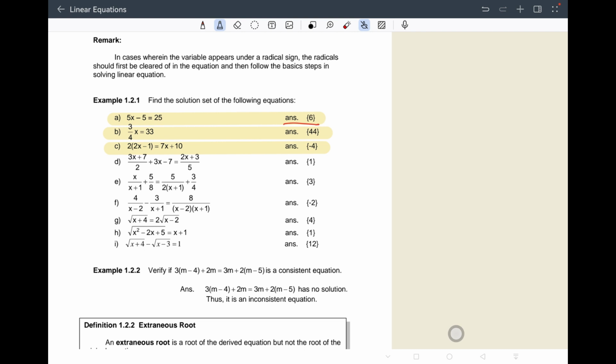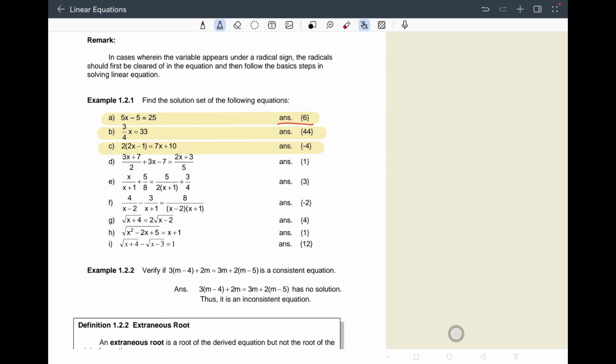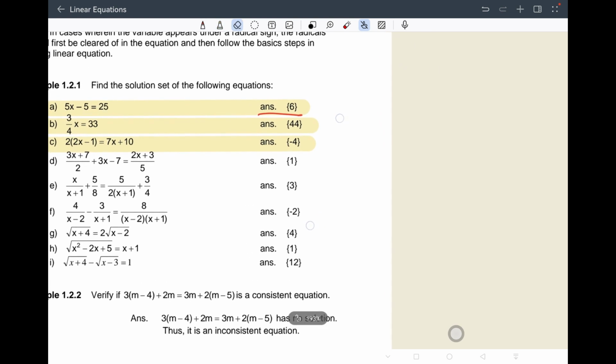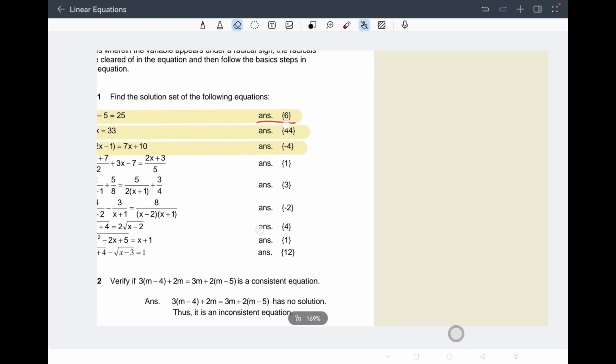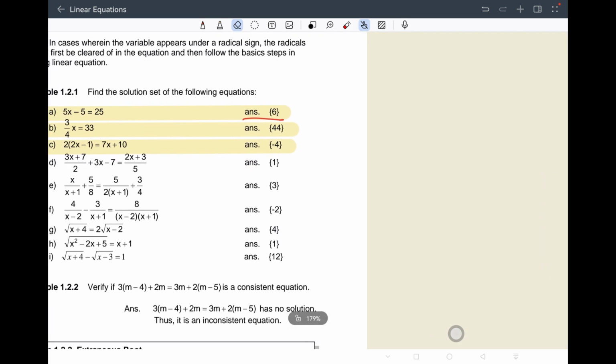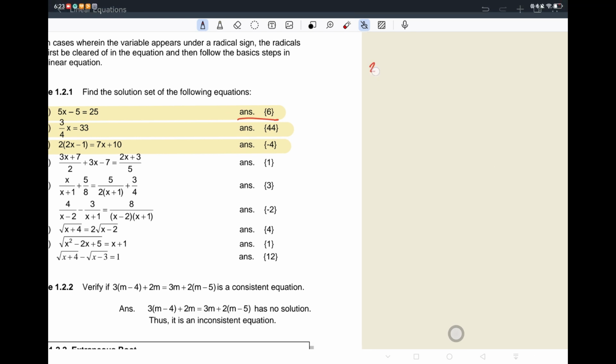So let us try to solve. We have 2 times the quantity 2x minus 1 equals 7x plus 10.